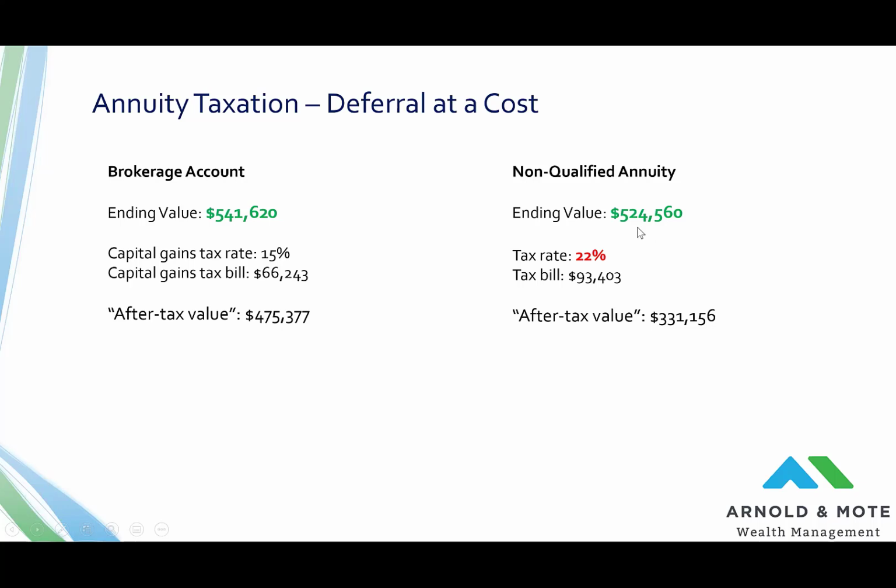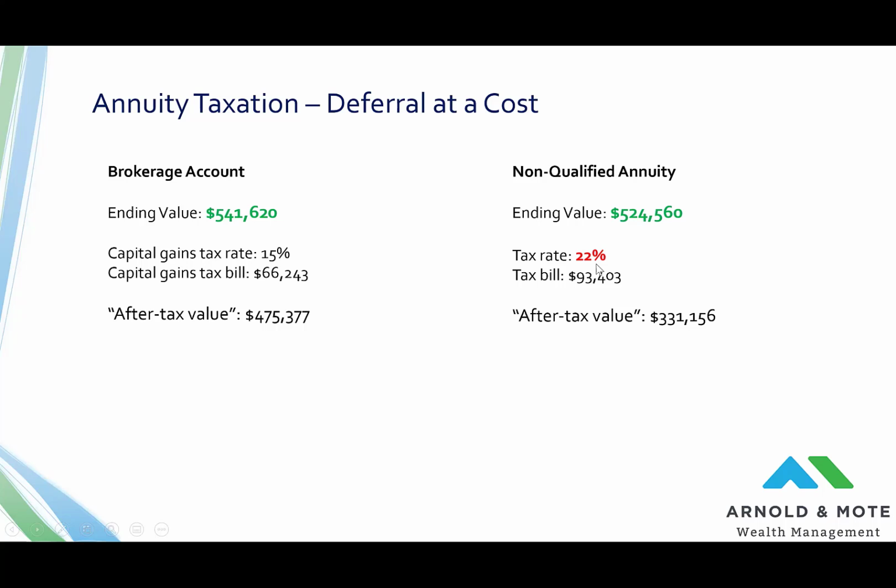Now compare that to the annuity. So not only was that ending balance a little bit lower just because of the higher fees, but there's a trade-off that you have to pay for that 20 years of tax deferral. And that is that gains in annuities are taxed at income tax rates, not capital gains rates. And so at the very least, if you're in the 15% capital gains bracket, you are in at least the 22% bracket.